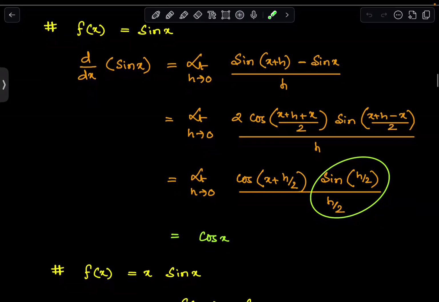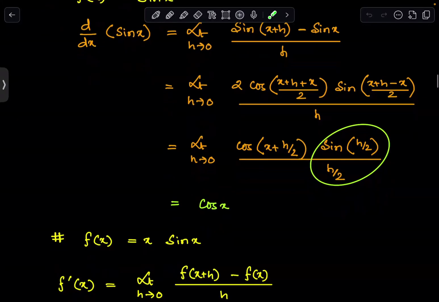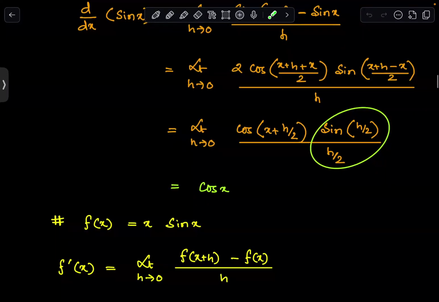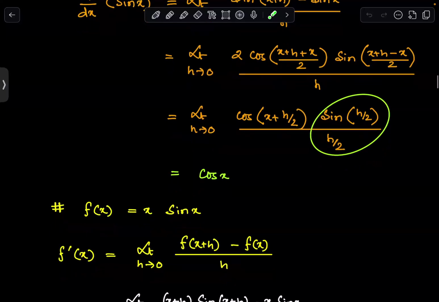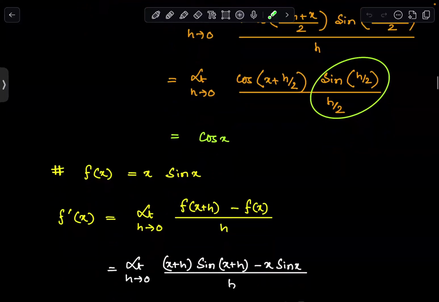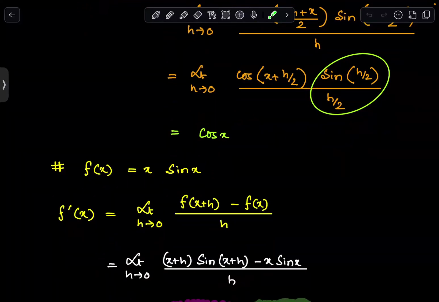So if we believe f of x is the product of algebraic function x with trigonometric function sin x, following the first principle, the rate of change of f x with respect to rate of change of x, that is f dash x, will be the limiting value for h approaching 0 applied on x plus h into sine of x plus h minus x into sine x, whole divided by h.